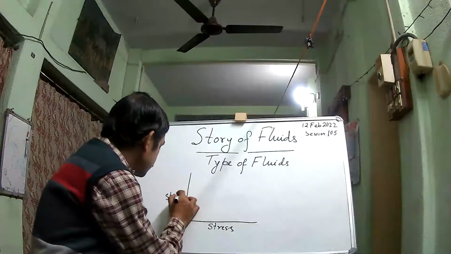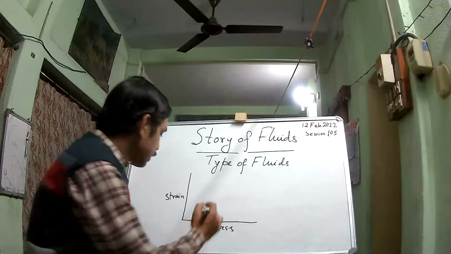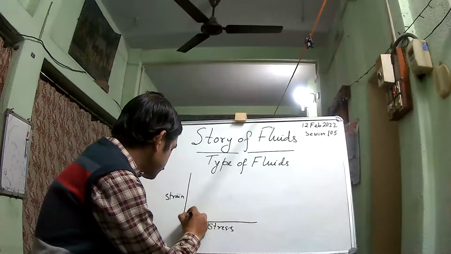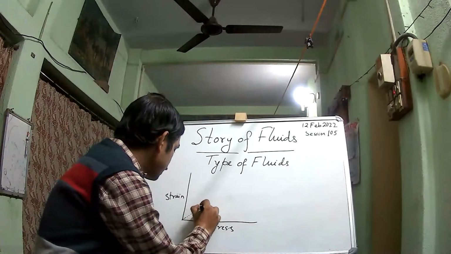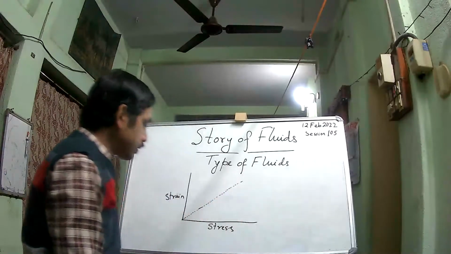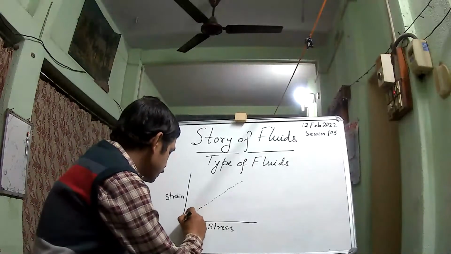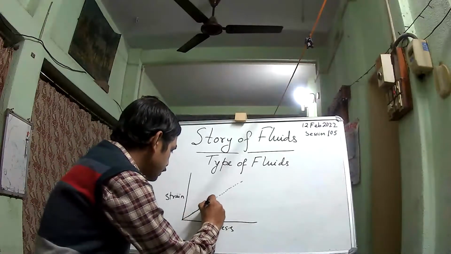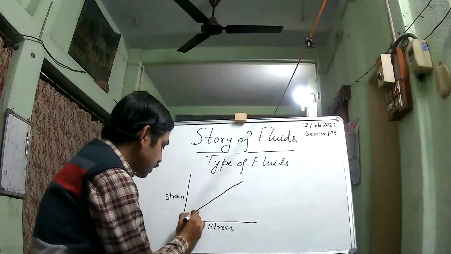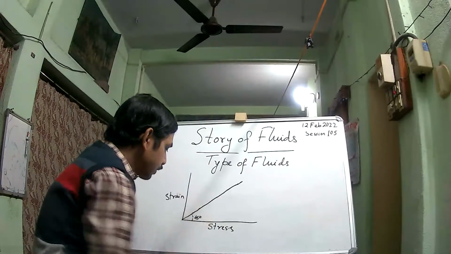So this is strain, and this is what we can draw for the ideal fluids. This is the relation between stress and strain, so that would be linear. And for ideal, it has to be 45 degrees.